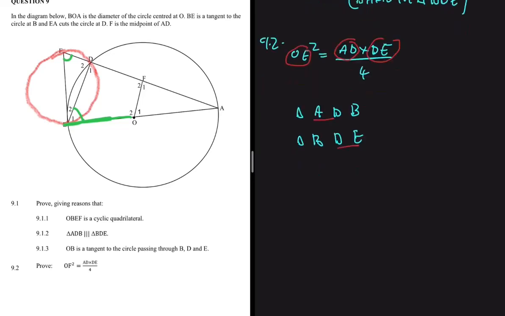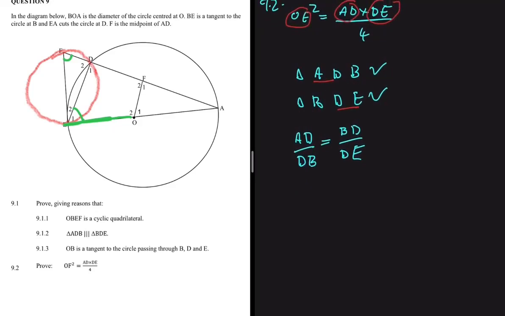Because the two triangles are similar, we can say that line AD on this first triangle, divided by line DB on that triangle, will be equal to line BD on this triangle here, divided by line DE. The sides will be in proportion because the two triangles are similar, right?